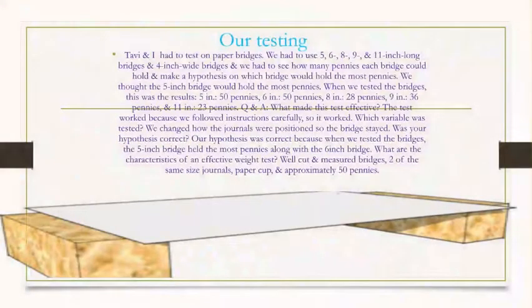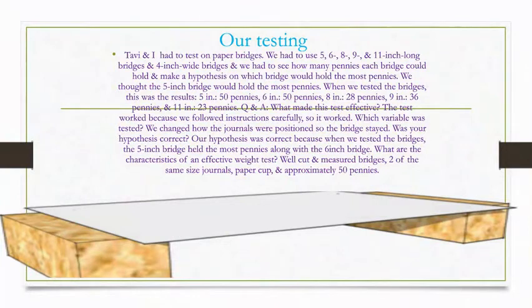Our testing. Tavi and I had to test paper bridges. We had to use 5, 6, 8, 9, and 11-inch long bridges and 4-inch wide bridges. And we had to see how many pennies each bridge could hold and make a hypothesis on which bridge will hold the most pennies.